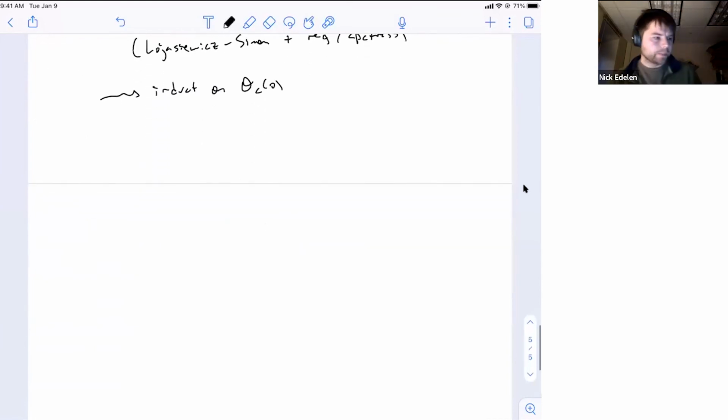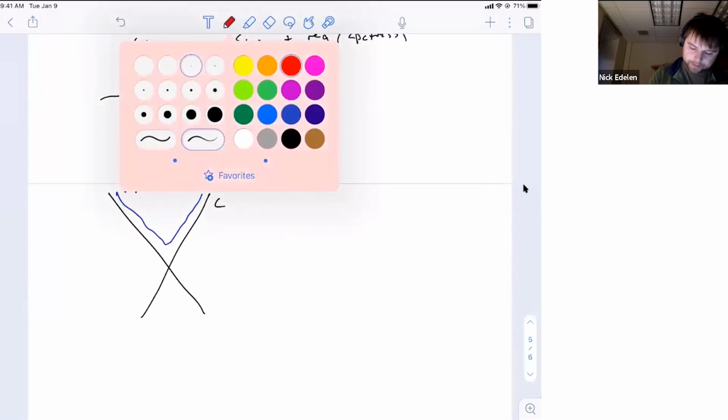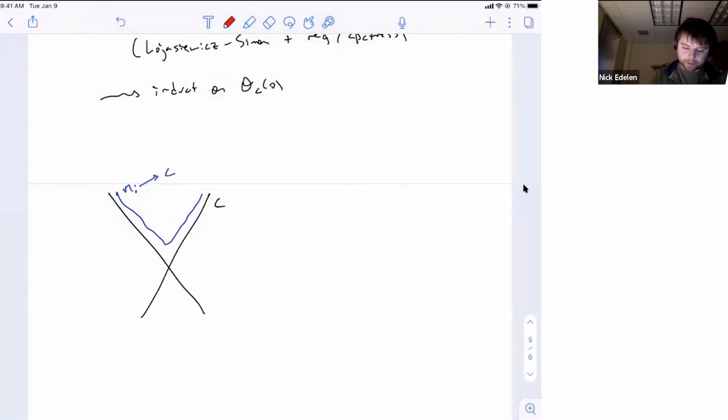So loosely speaking, you have your fixed cone, and you have your M_i, which are getting closer and closer to the cone. And so what you'd like to do is some sort of blow-up argument, which I suggested earlier.